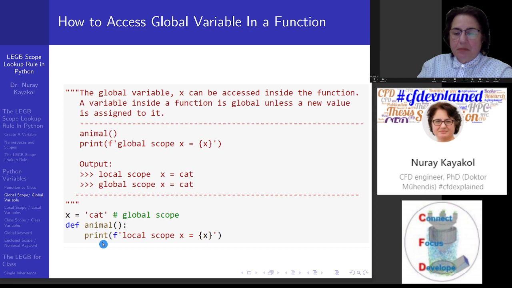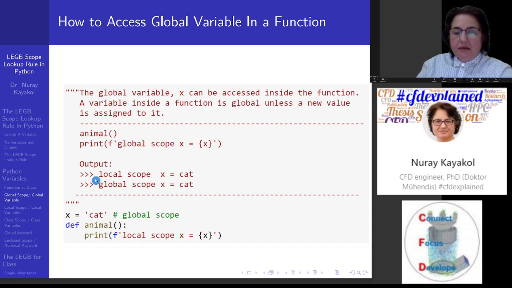This is the basic difference between global scope and local scope. So if you define a variable inside of the function, that variable is only alive in that function. So you have to be aware of where to define your variables.